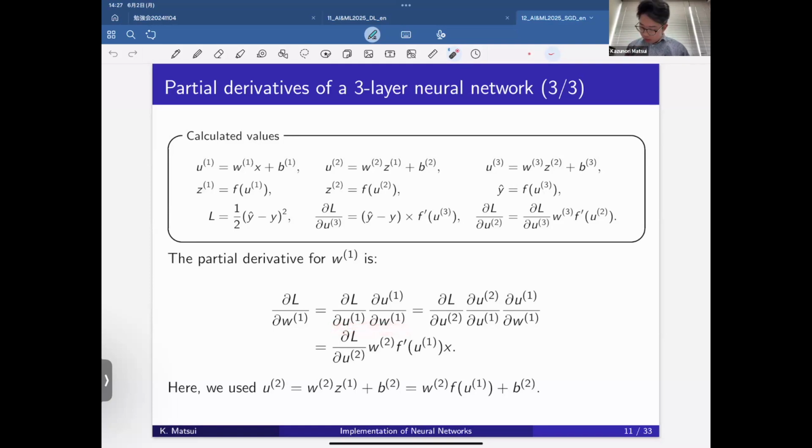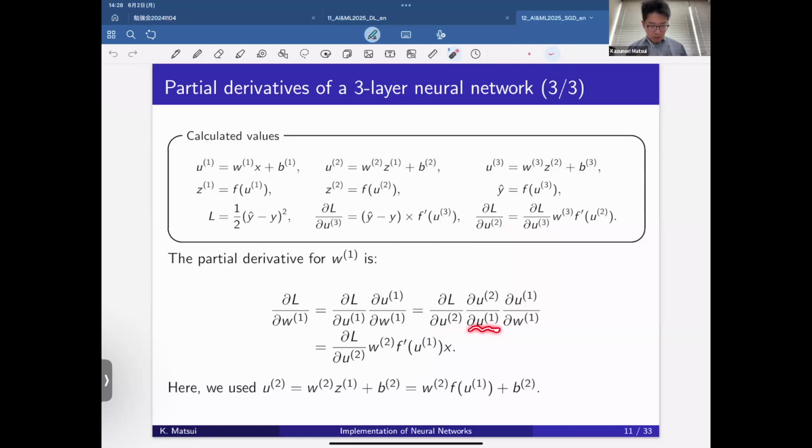The question is what dL dU1 is, but if we put U2 in between, dL dU1 equals dL dU2 times dU2 dU1. We calculated dL dU2 before, so we know what's inside here.